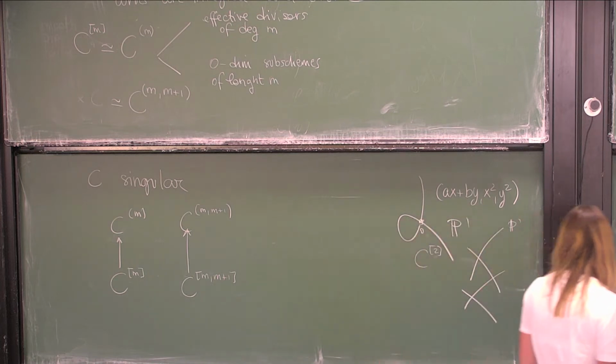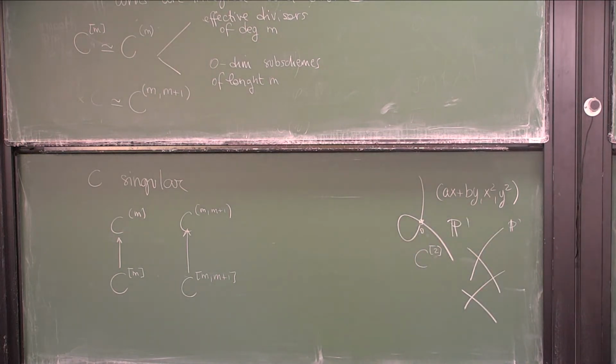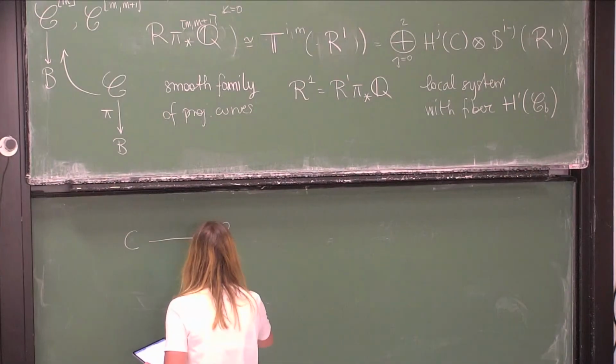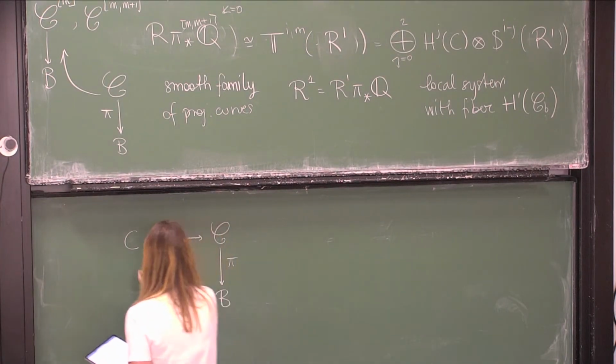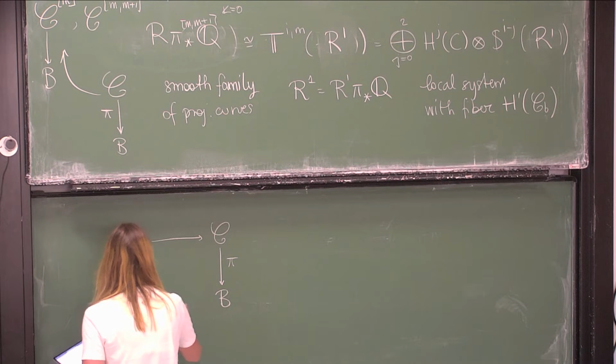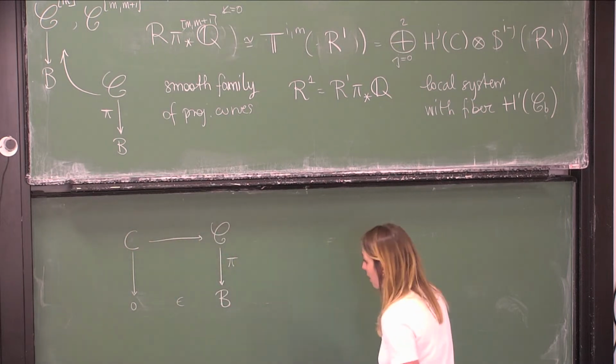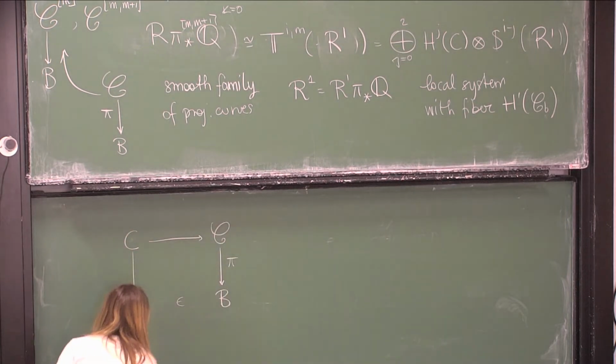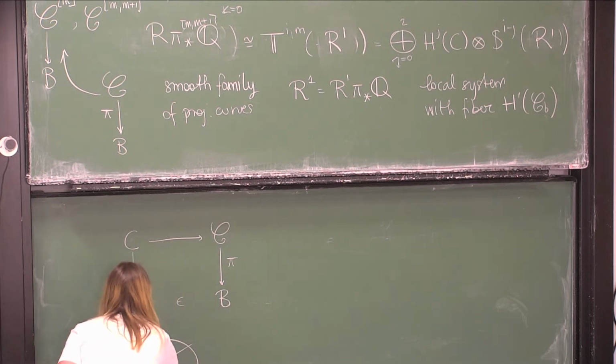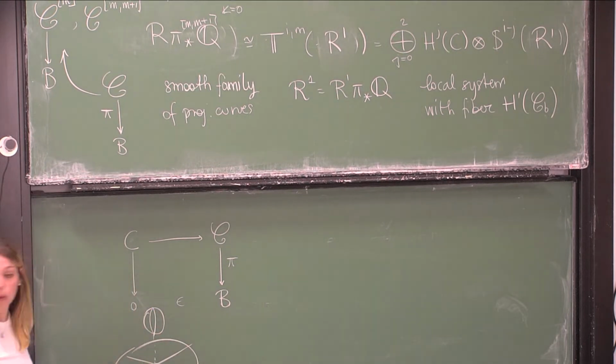So the main idea is to include our singular curve into a family. The picture that we should keep in mind is that maybe I have a base B. My curve is like a banana curve, with two nodes.